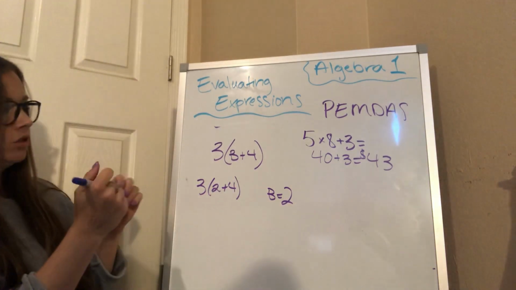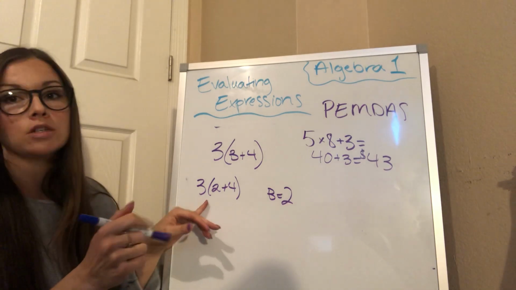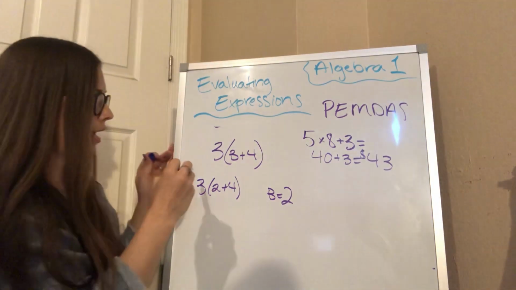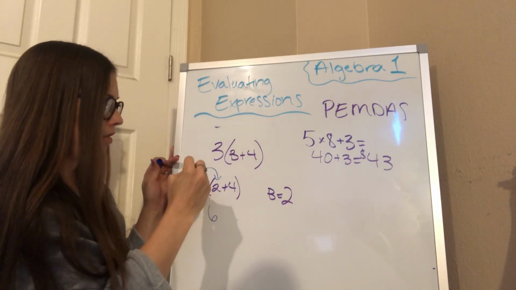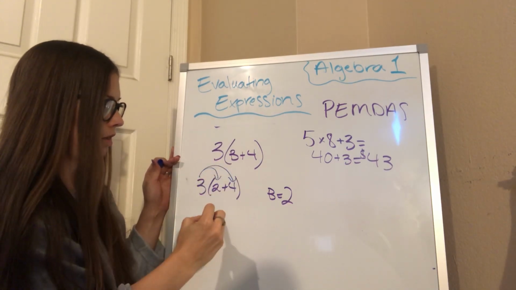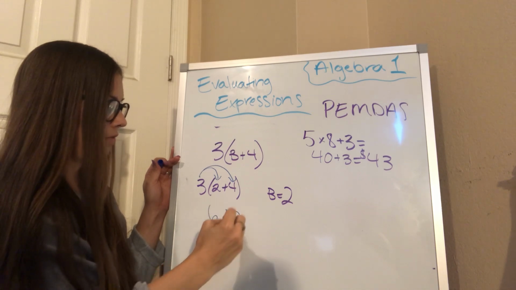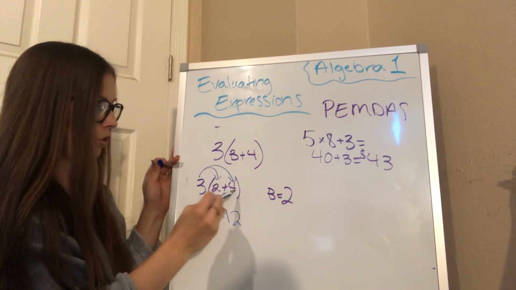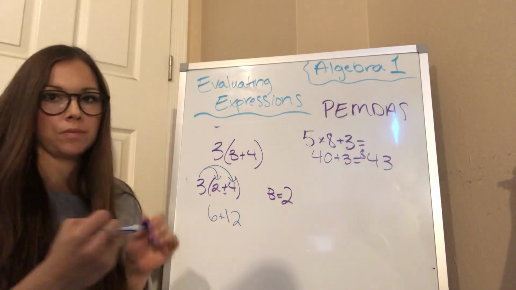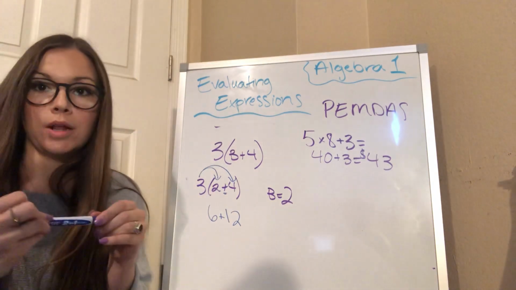And then when I'm distributing, when I'm solving, I have to distribute that 3. Okay, so the 3 times the 2, which is 6, and the 3 times the 4, which is 12, and then my plus sign. So 3 times 2 plus 4 becomes 6 plus 12. Okay, that's a little distributing refresher.